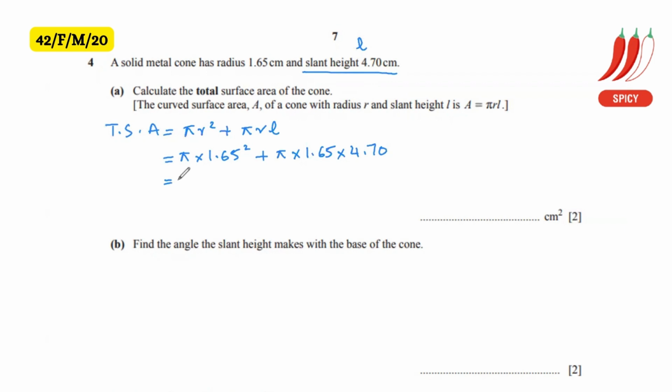So pi times 1.65 squared plus pi times 1.65 times 4.7, and that equals 32.9 centimeters square. That's your total surface area. Then it says find the angle the slant height makes with the base of the cone.